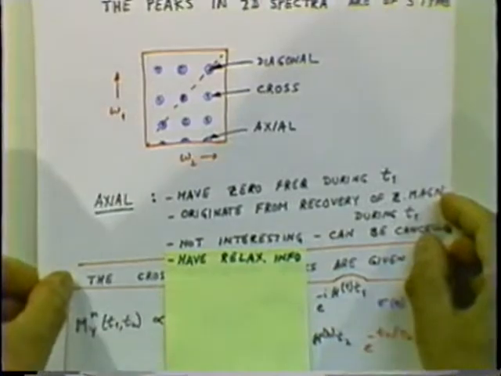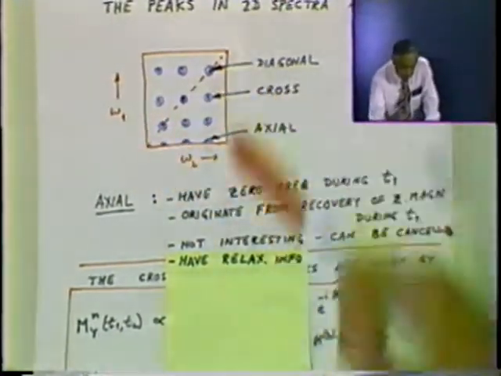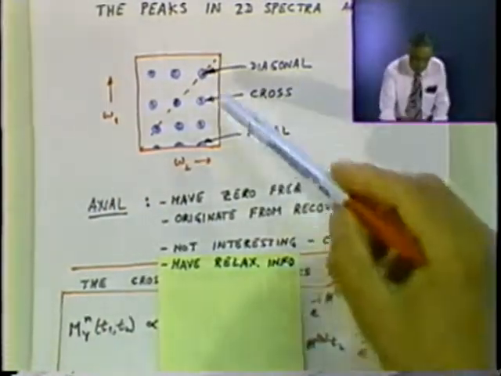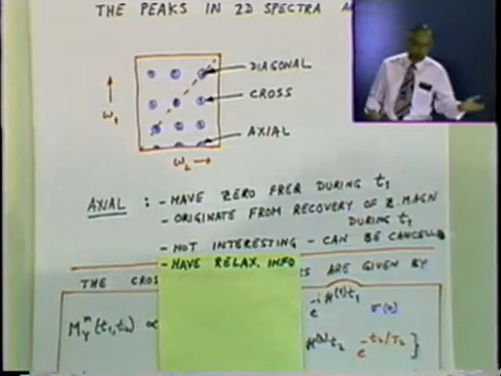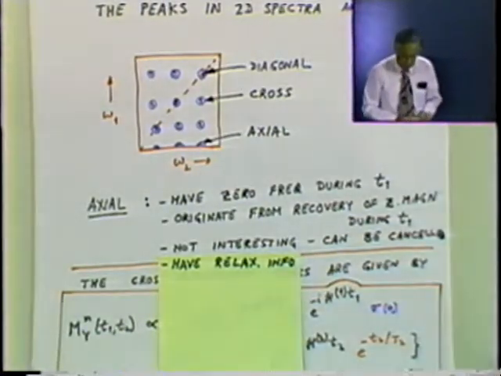Okay, the peaks in two-dimensional spectra basically are of three types. There are peaks which are diagonal peaks, which have the same frequency in the two time domains. Then we have the cross peaks, which have one frequency in one time domain and another frequency in another time domain, which are the information bearing peaks.